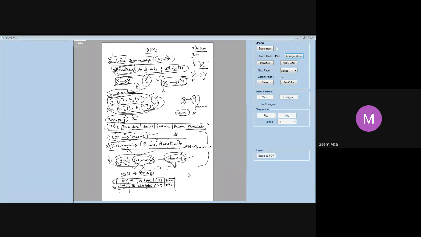If this condition holds, then T1 of y should also be equal to T2 of y. That means this particular column is always dependent on this particular column. Is that clear? Whenever you say functional dependency is there, this condition should follow.